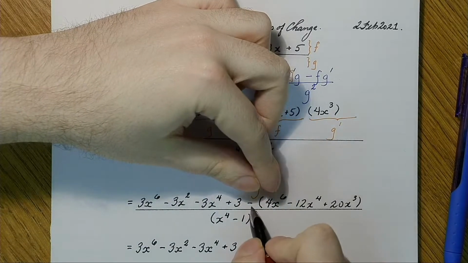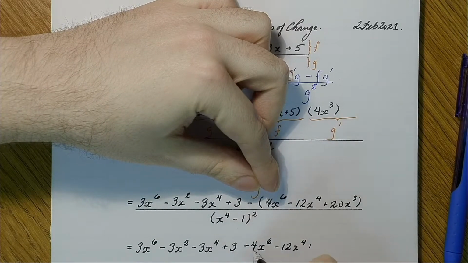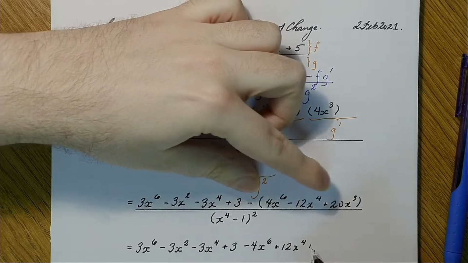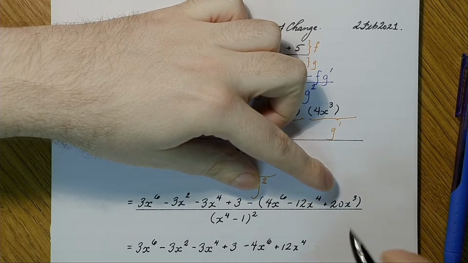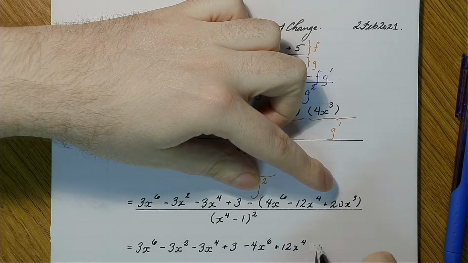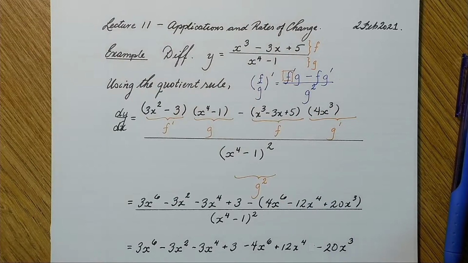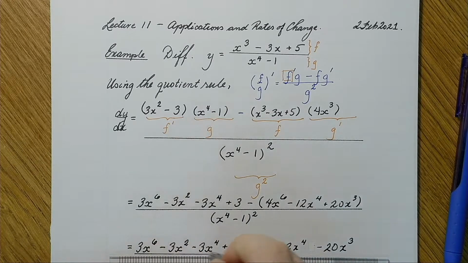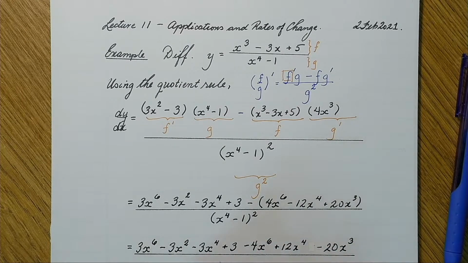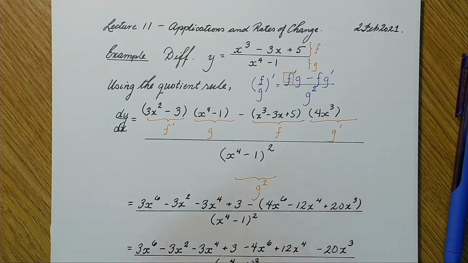So what I'm doing right here is I'm distributing this negative. So I have a negative and then a plus and a negative. Okay, and we're almost finished.